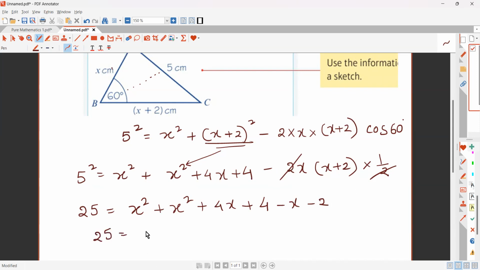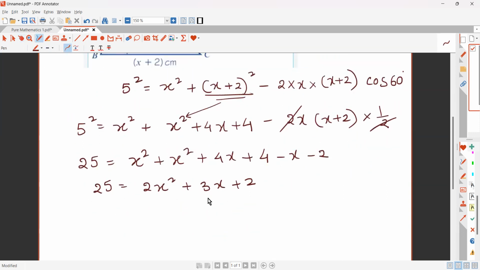So 25 is equal to 2x square plus 4x plus 4 minus x square minus 2x. Oh, it's going to be minus 2x. Okay, I made a mistake. There is x square here, minus x square and minus 2x. Sorry, everyone. So I made a mistake here.